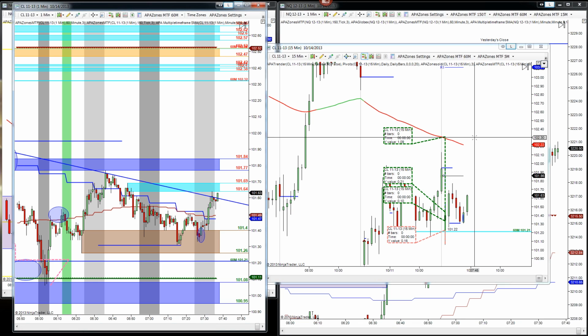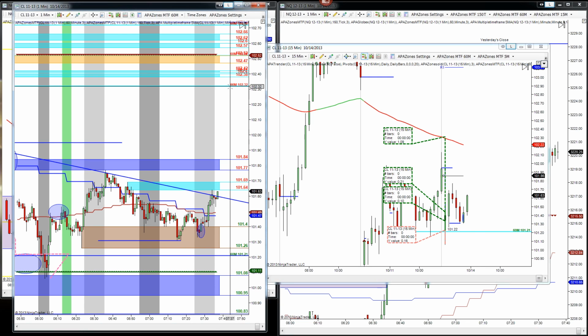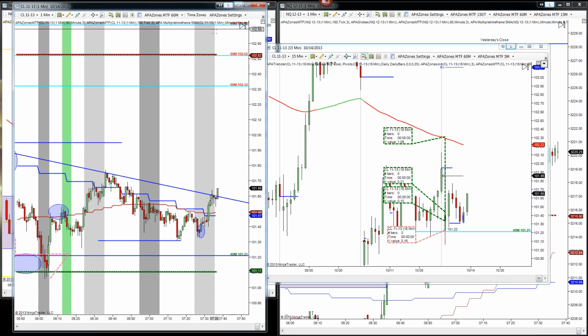And 102.30 is just a couple ticks below this 60-minute level, and that's what I was looking at, that 60-minute level to break. Hopefully that makes a little bit of sense there.